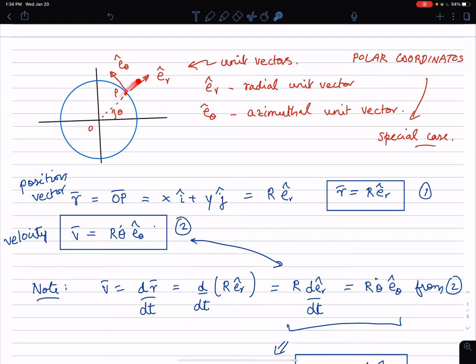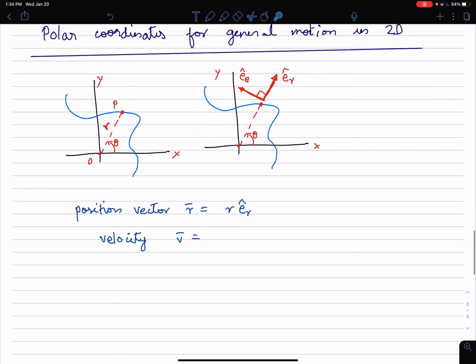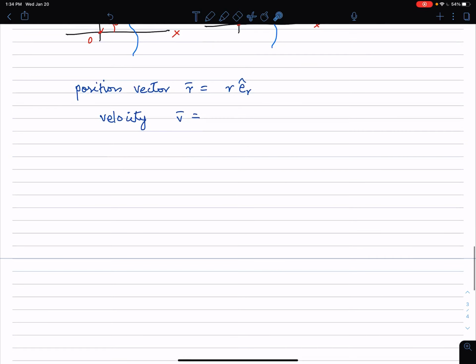There was no velocity component along the e_r direction because, well, it was moving along a circle, and e_r was perpendicular to the tangent to the circle. Whereas here, you can have an e_r direction as well as an e_theta direction because this e_r is not perpendicular to the motion direction. It's just along this direction, okay?